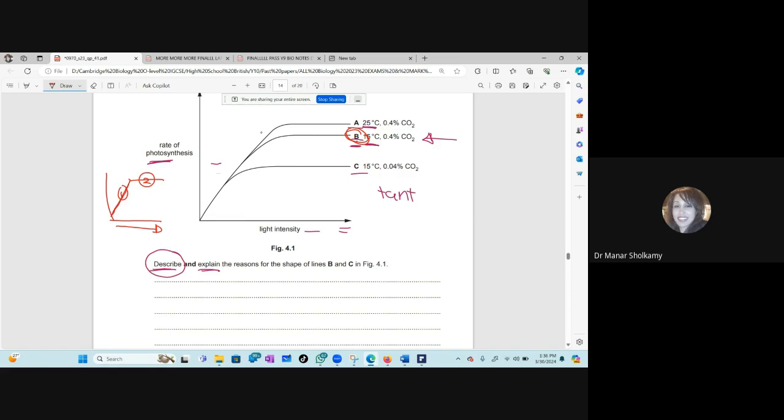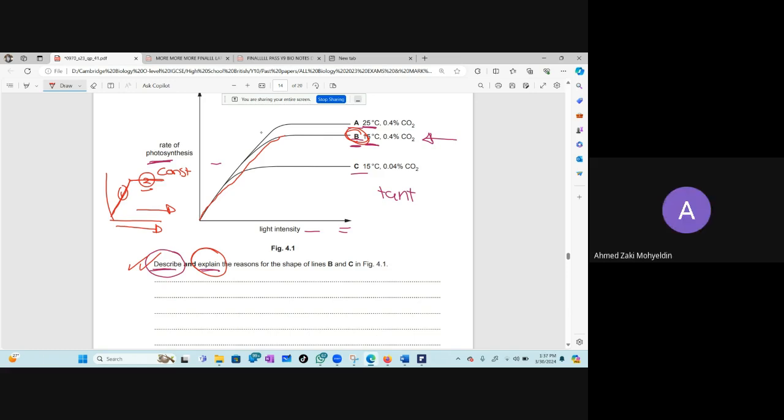Finished. Part 2, I will say, as the light intensity is increasing, the rate of photosynthesis becomes constant. So I described. Now I will explain. In part 1, or in the first part of the graph, when the graph is increasing, why is it increasing? What is the limiting factor?